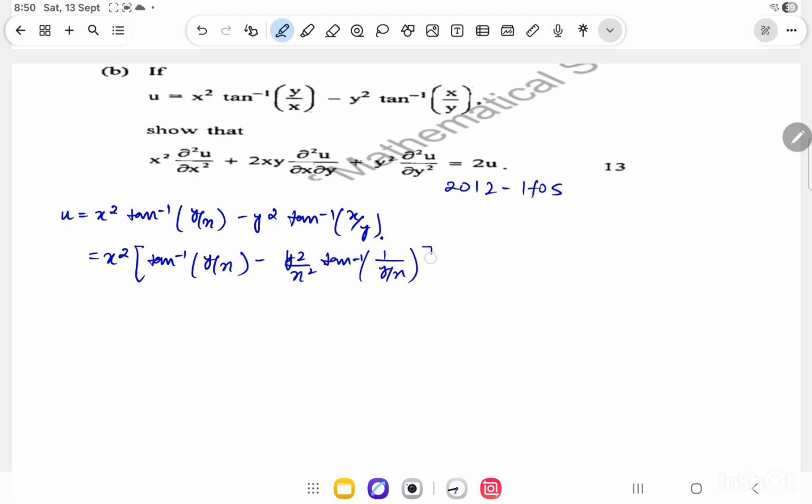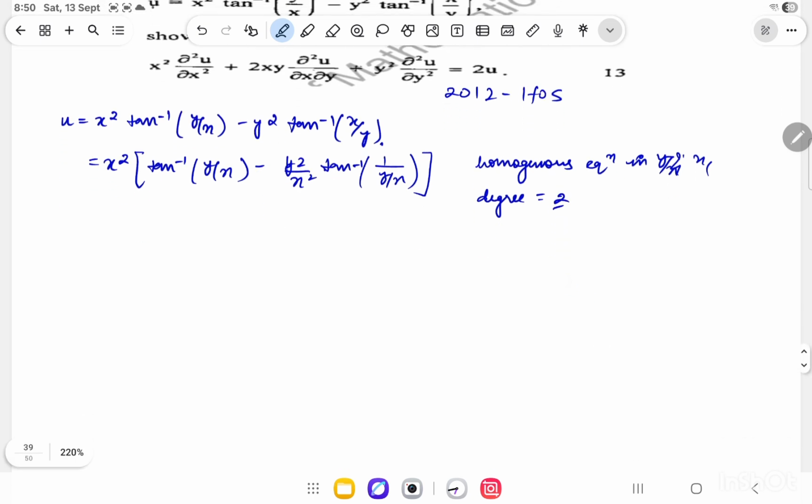So you can observe that it is a homogeneous equation in y by x, in y and x, and it has degree 2 basically. So we'll be using Euler's theorem for this. So let us solve it.